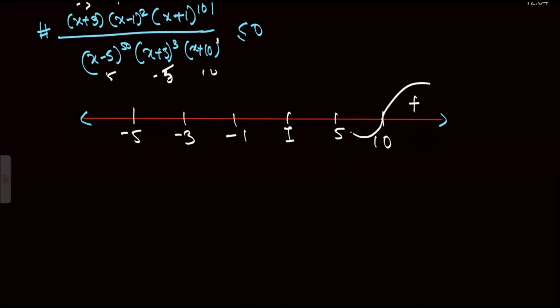Therefore, it will go down, meaning the sign of inequality will change to minus. The 5, this is the part of 5. The power is even, 50 is an even number. Therefore, it will go down again, minus. This part is a 1. It is again even, 2.